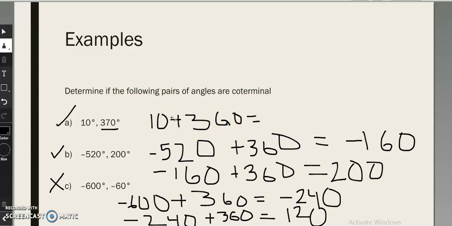If I add negative 520 plus 200, I get negative 320, which is not as easy to see as a multiple of 360. So it's basically whichever method works best for you. So let's go on.